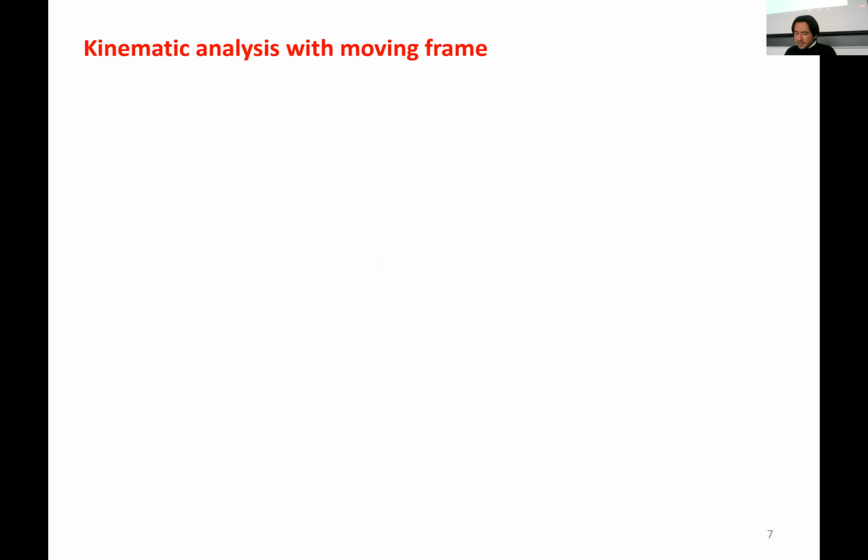So let's start. We're going to start simple with the kinematic analysis of a point with a moving frame. Let's start with a frame A, which is fixed in space. This is not moving.